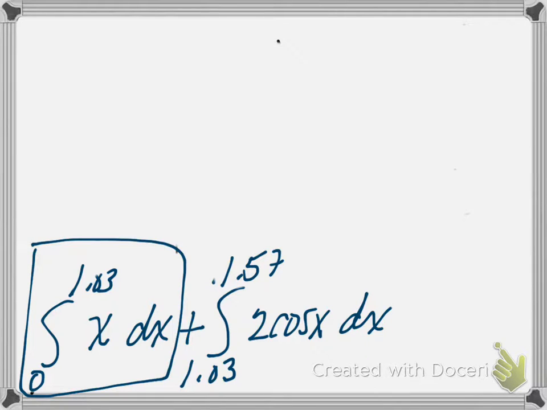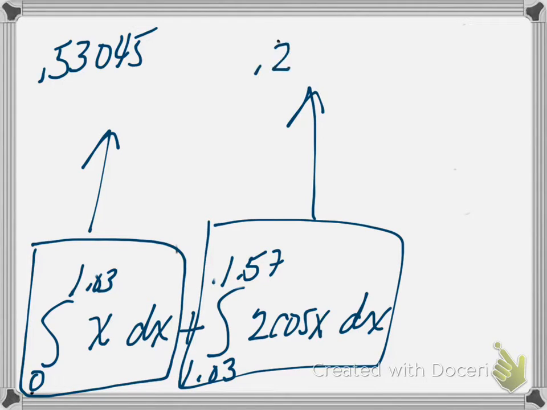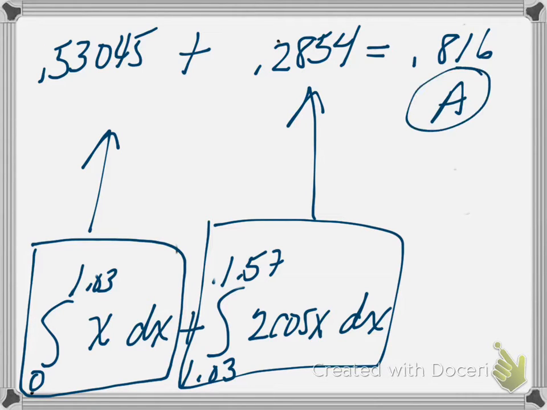Sure, but with these crazy decimals and stuff, it would definitely be a calculator issue. So that piece will become 0.53045. And then you're going to have this piece, and that is going to give you 0.2854. So you're going to add the two areas together, and that is going to give you 0.816, which is choice A.